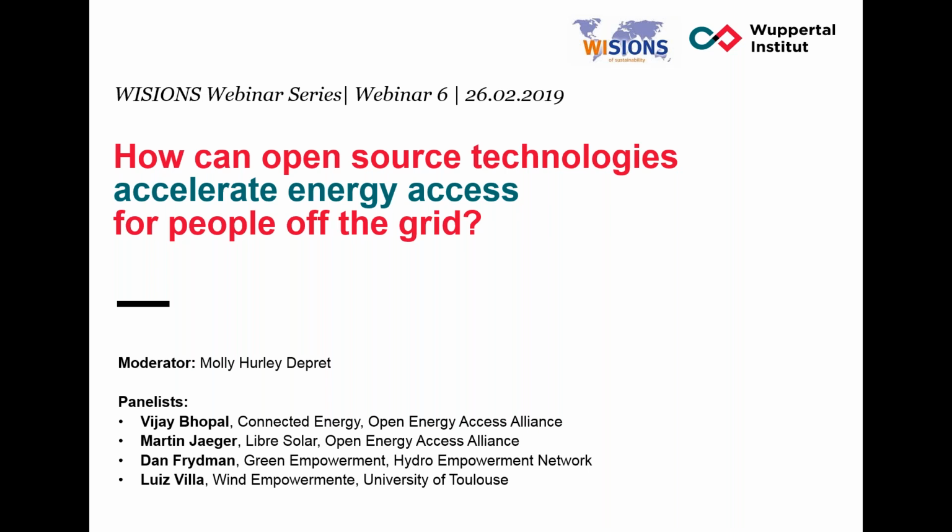Vijay, if you don't mind coming back on the line, and Martin, as our two speakers from the private sector, I do have a question for you about value proposition and business. Perhaps Vijay, you want to give a first shot at it, and then perhaps Martin might want to comment as well.